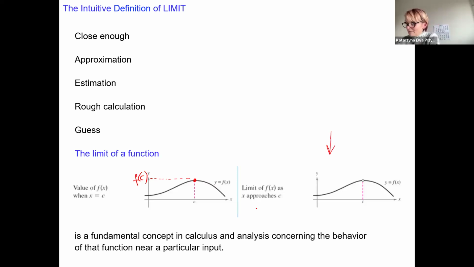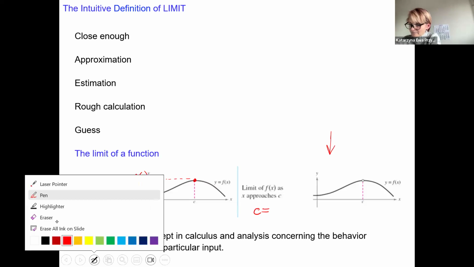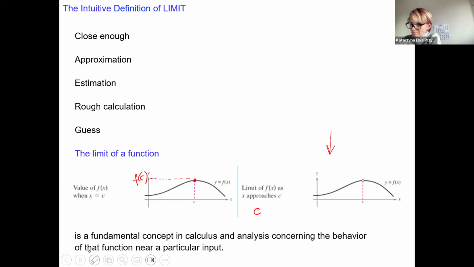We may say that C actually is not in the domain. It doesn't belong to the domain, and we notice this open circle, but we still would like to know how the function behaves near C.